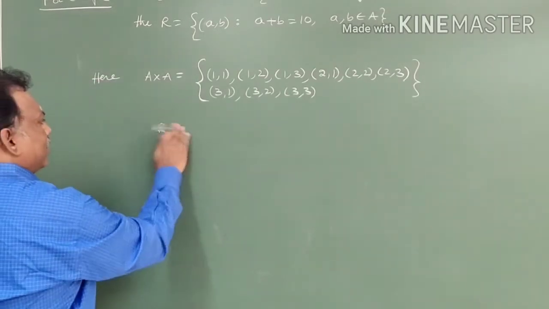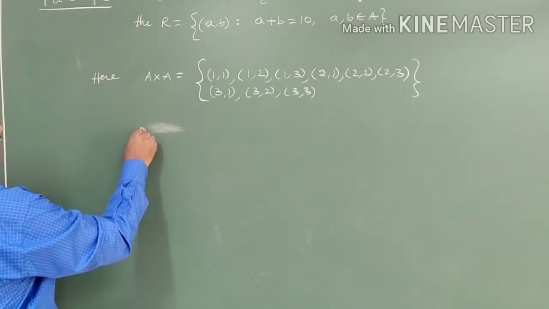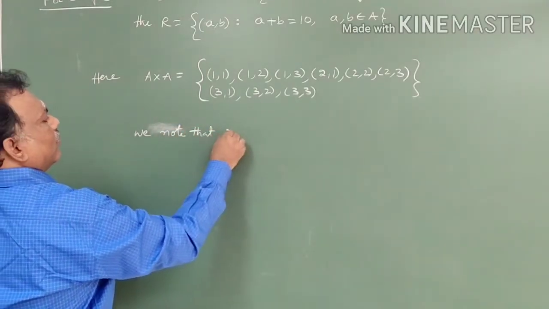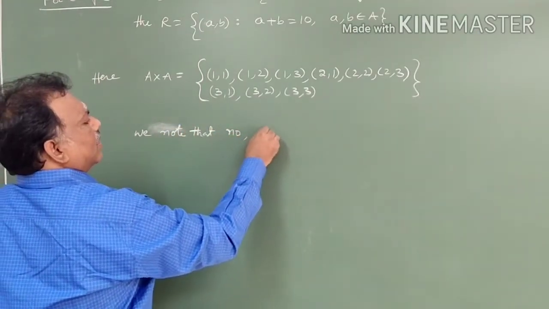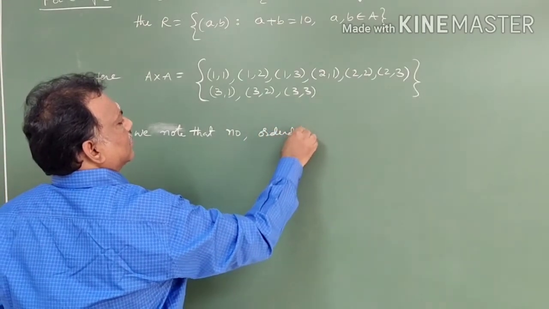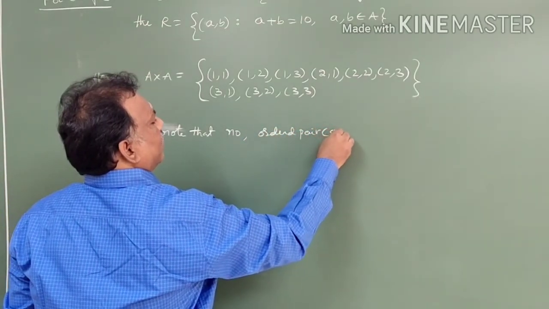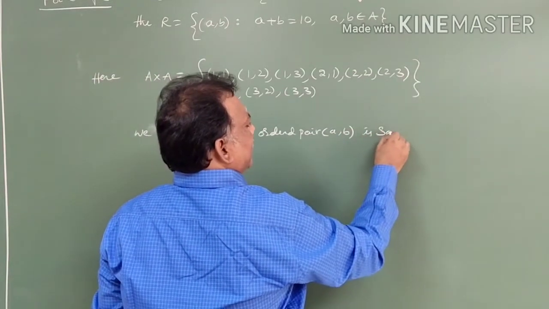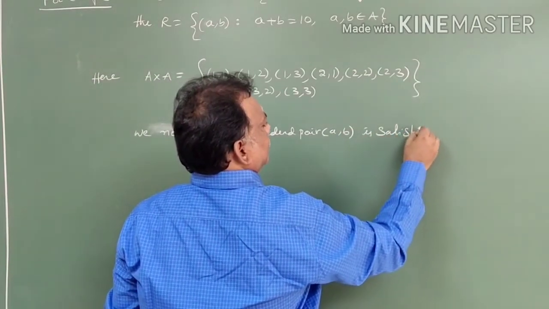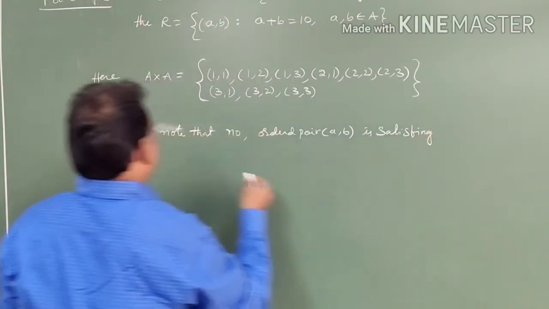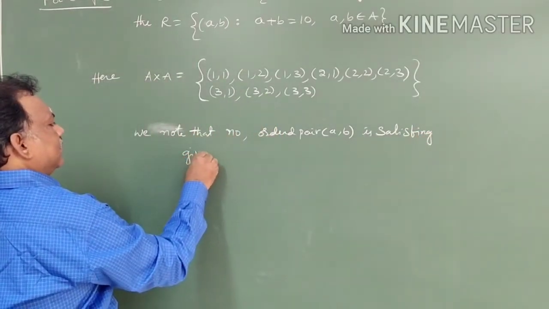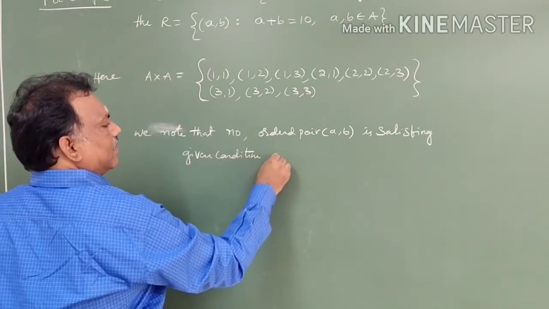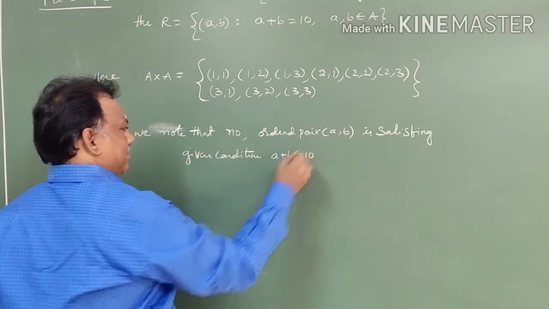So what are we going to write here? We note that no ordered pair (a, b) is satisfying the given condition a plus b is equal to 10.